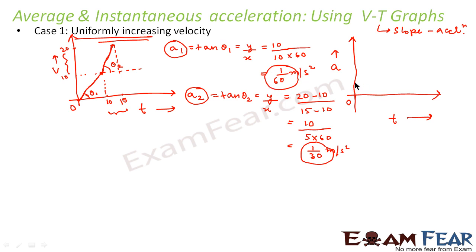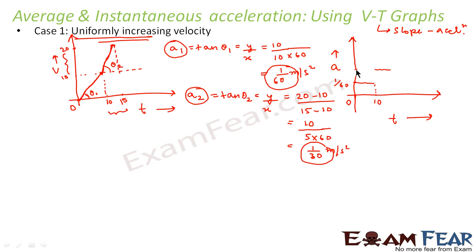That means the acceleration has a constant value. This constant value of acceleration is for the first 10 minutes. And what is this value? This is 1 by 60 meter per second square. Now after 10 minutes, the value of the acceleration increases to 1 by 30.